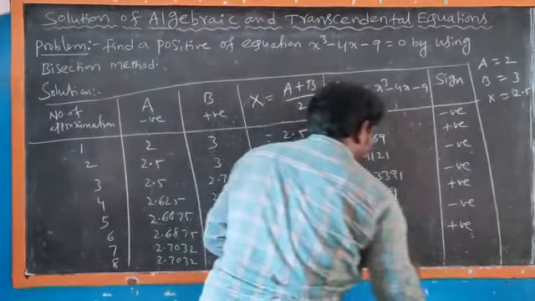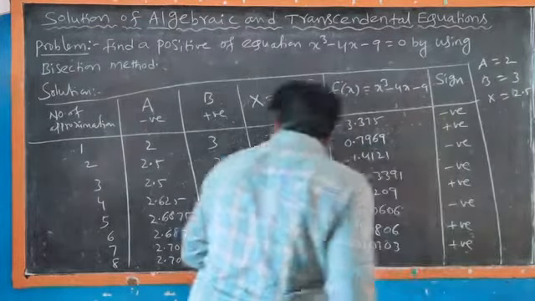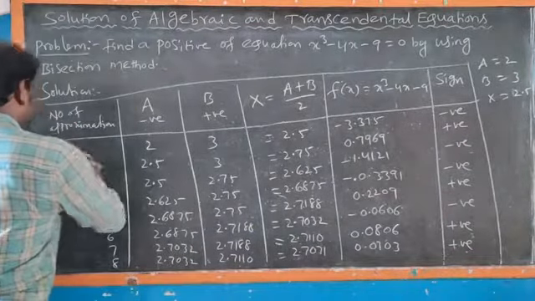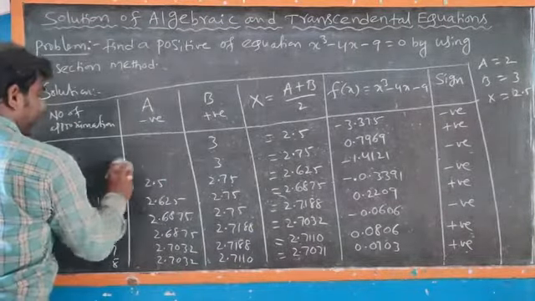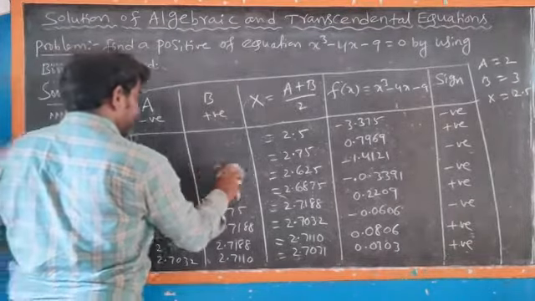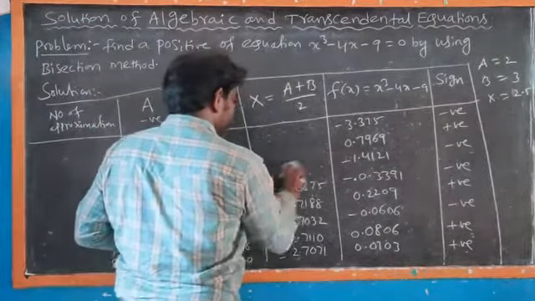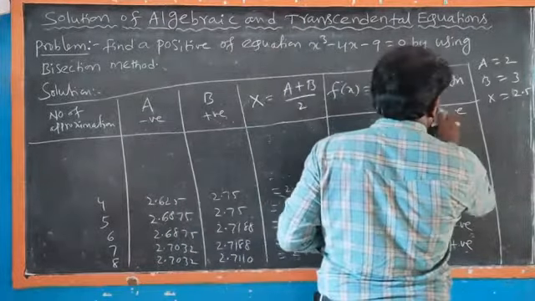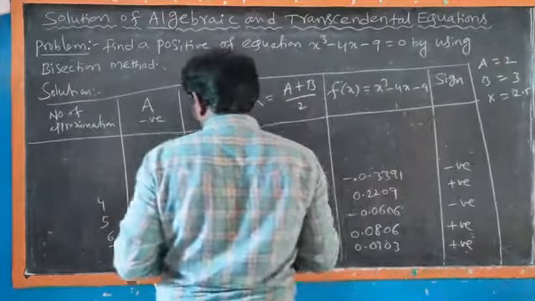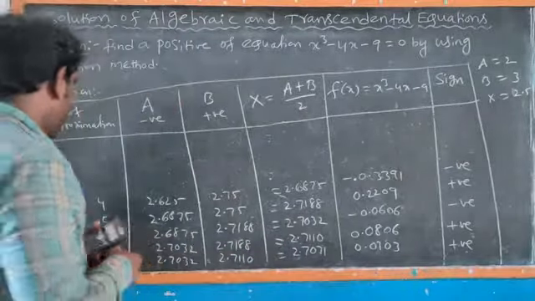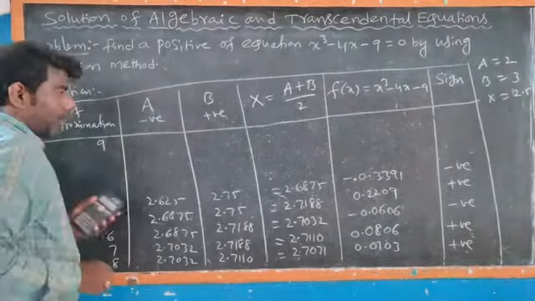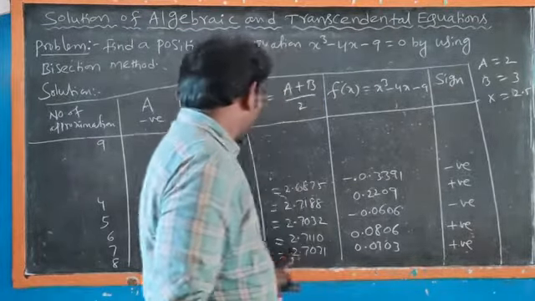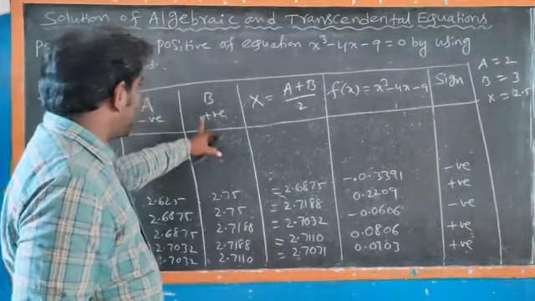So this is positive. Okay, right. Next one, ninth approximation. Now here f of x is positive, so substitute x value in the positive values.